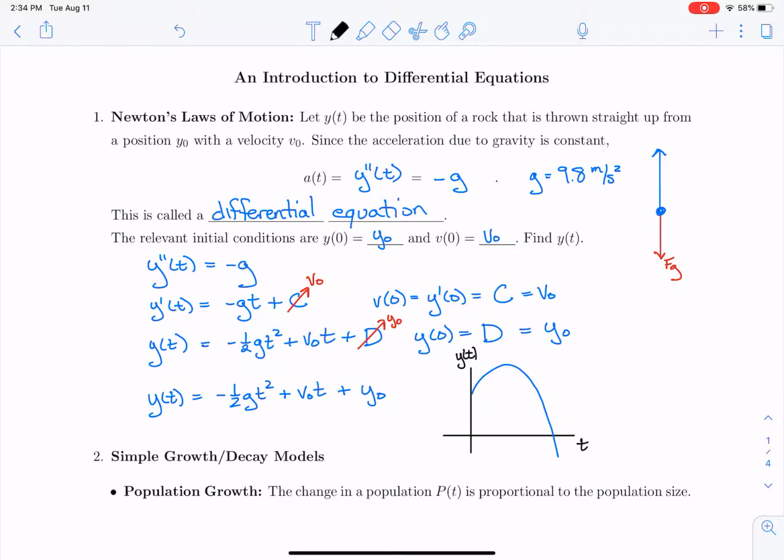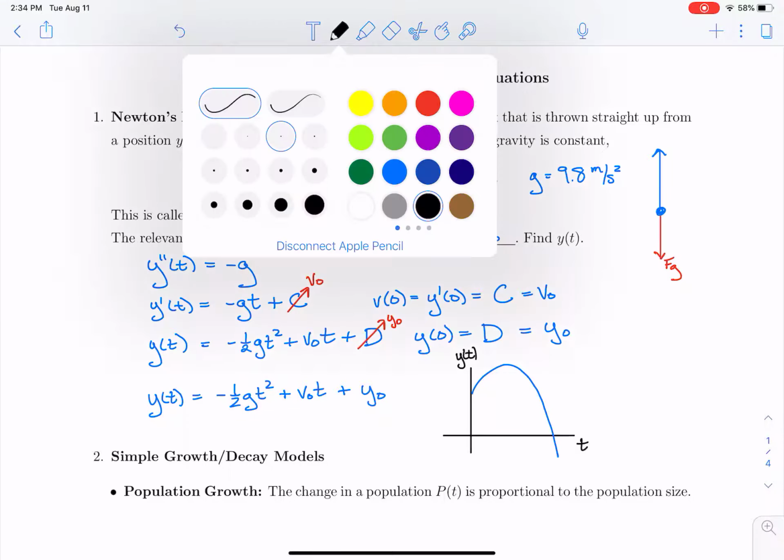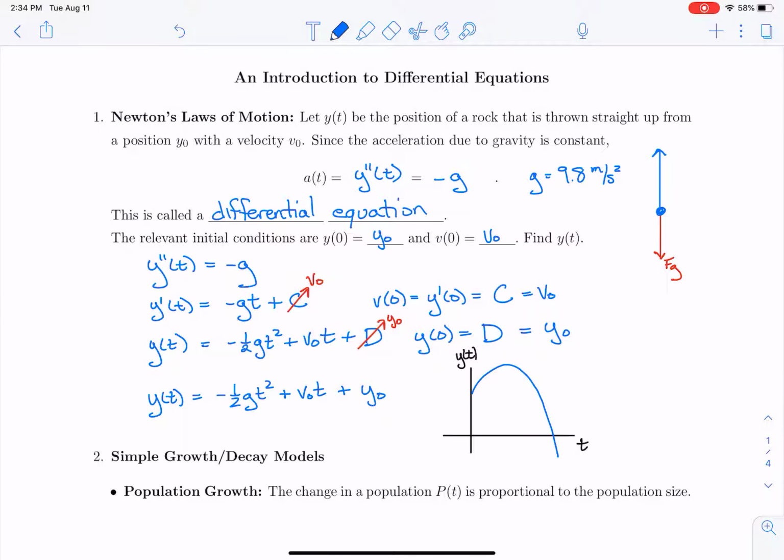And that's probably the easiest differential equation that we'll solve all semester. We probably won't solve a lot of differential equations like this, because you probably did these problems in Calculus 1 and in physics, and they're really not the interesting differential equations problems that we could be looking at, because the answers are pretty straightforward.